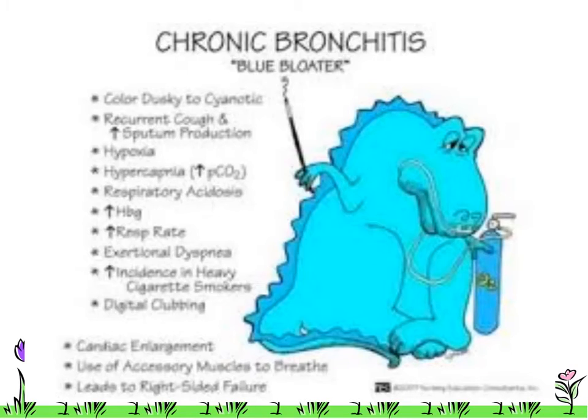We also see hypoxia and hypercapnia, or the increase in CO2 levels, respiratory acidosis, and this is directly because of that increase in the CO2 levels, and an increase in hemoglobin levels, and an increase in respiratory rate as they try to compensate.